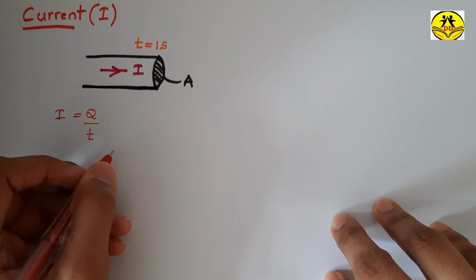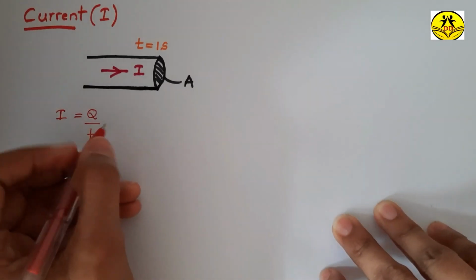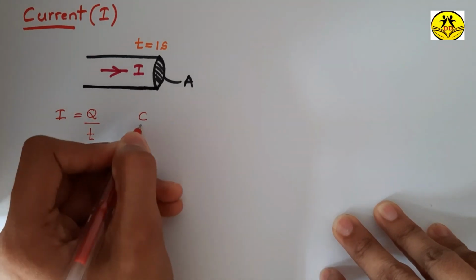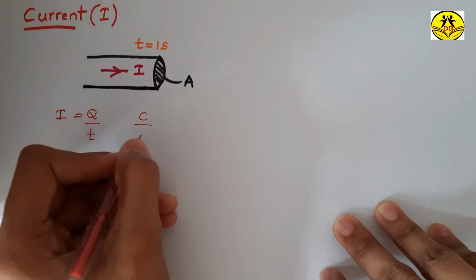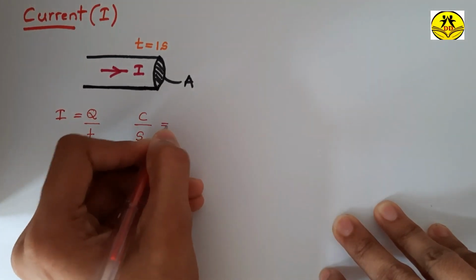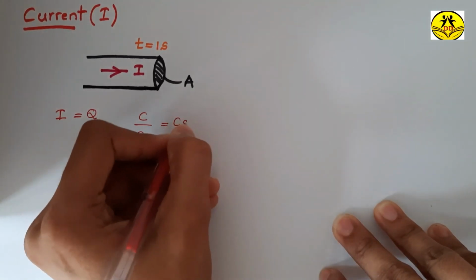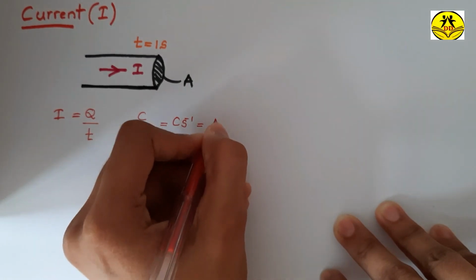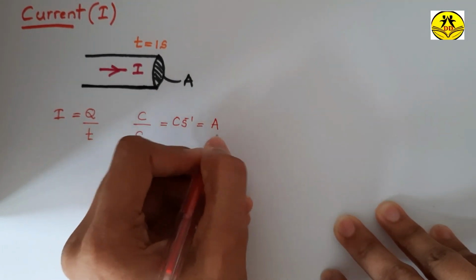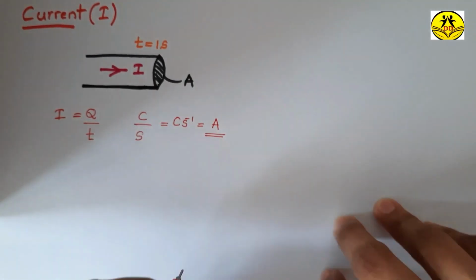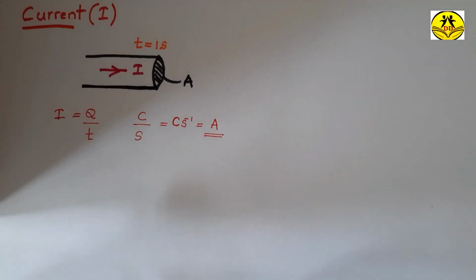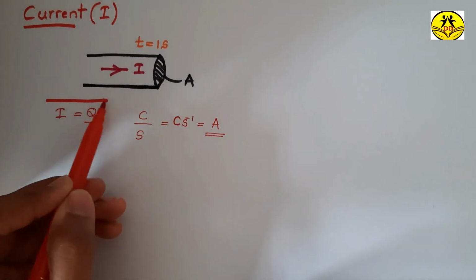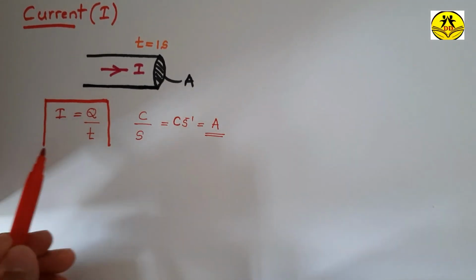So the units of current will be, units of charge is coulomb, units of time is second. So the units of current will be coulombs per second. Now this is equals to amperes. Ampere is the standard unit of current. So the equation for current can be written as I equals Q over T.